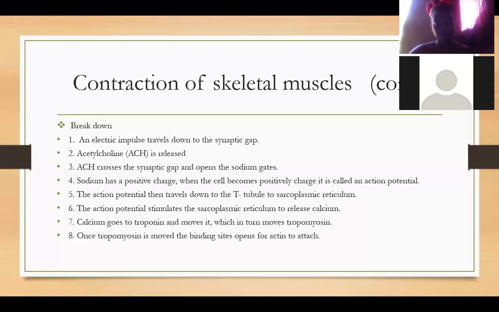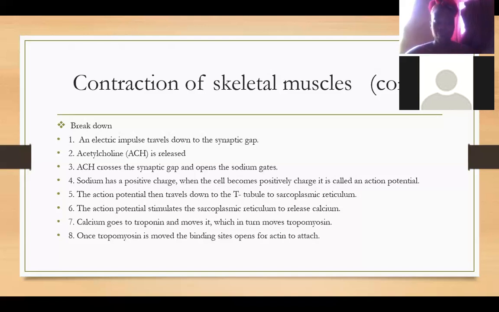Calcium is stored in your sarcoplasmic reticulum. Oh, okay, so it enters your sarcoplasmic reticulum, which has calcium, and which opens your calcium stores. Right.